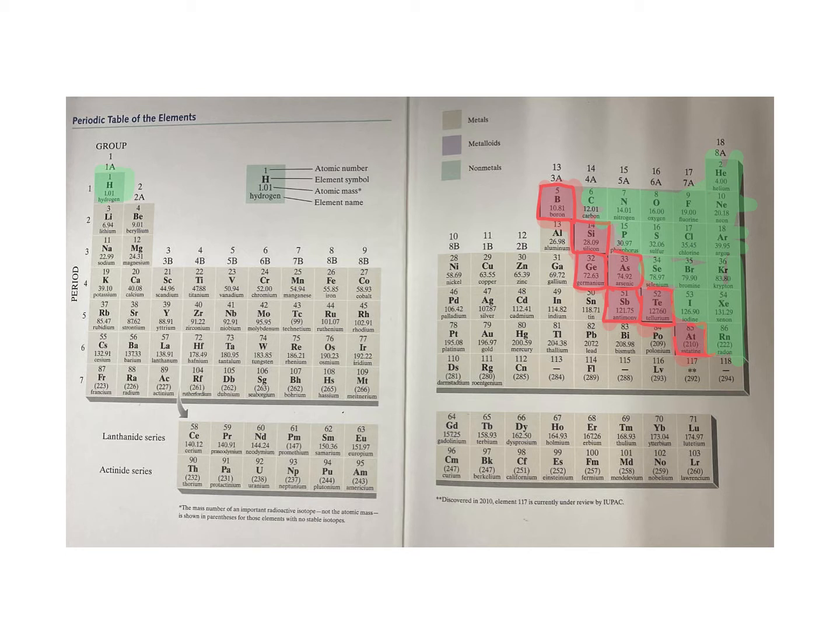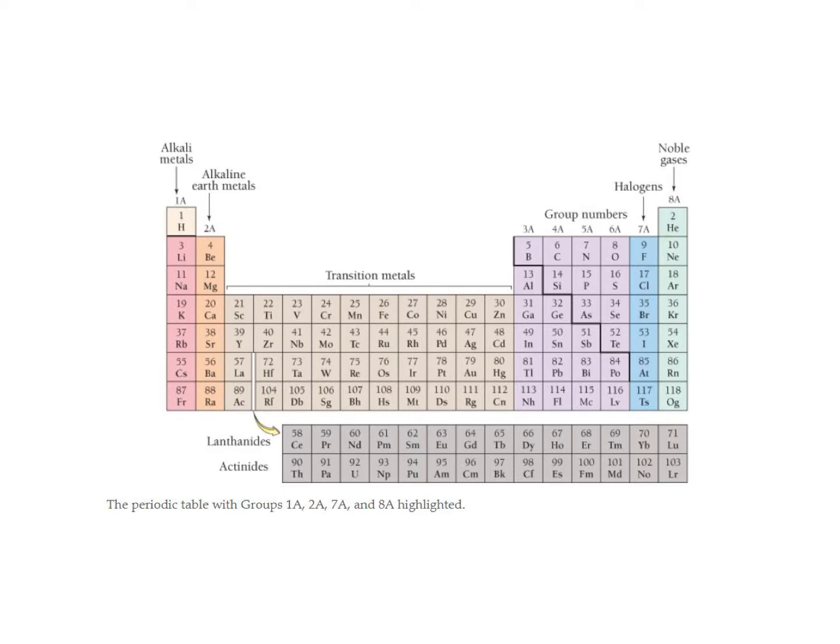And I keep repeating these slides so you have more and more practice. And also, you should know alkali metals, alkaline earth metals, halogens, noble gases, and you should know the charges associated with their corresponding cation or anion, okay? So what is the charge associated with helium? 0, right?